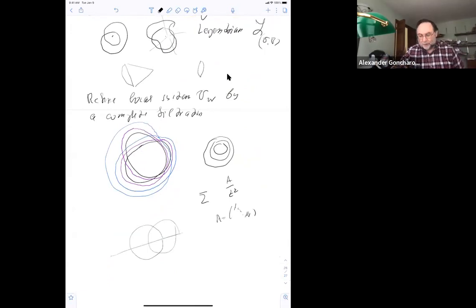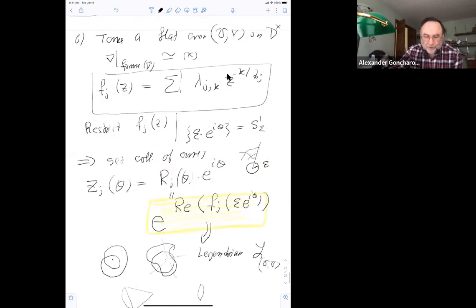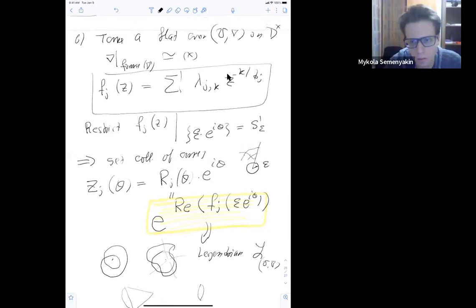You can do this as an exercise, but you get a collection of circles which all intersect. You just write down the solution in this form as a Laurent series, and consider what happens with real parts. You get some trigonometric polynomials, and you have to plot them.